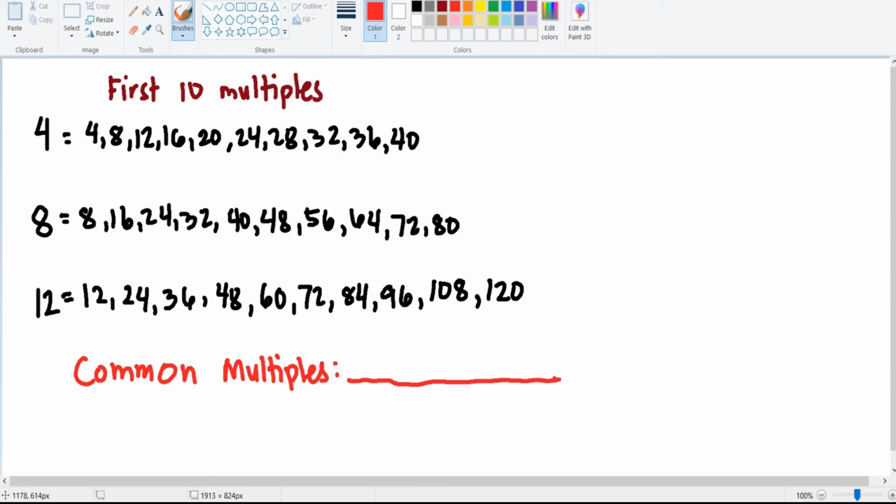Let us look at which number is present in the given 4, 8, and 12. There is only one. We have 24 for the 4, 24 under 8, and 24 under 12. Therefore, our common multiple for 4, 8, and 12 is 24.